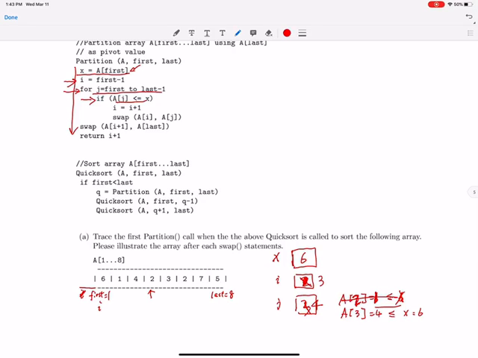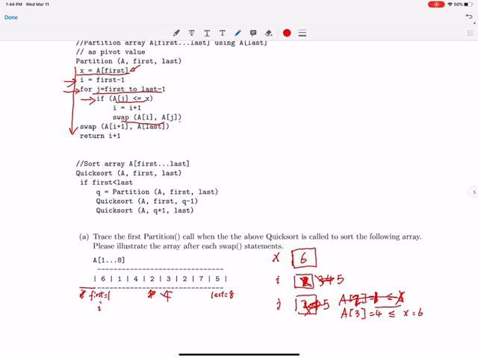Still less, so we increase i again to be 4. Swap A[i] with A[j], no effect. Now j will be updated to 5. Still the same situation, so increment i to be 5. Swap A[i] with A[j], no effect.